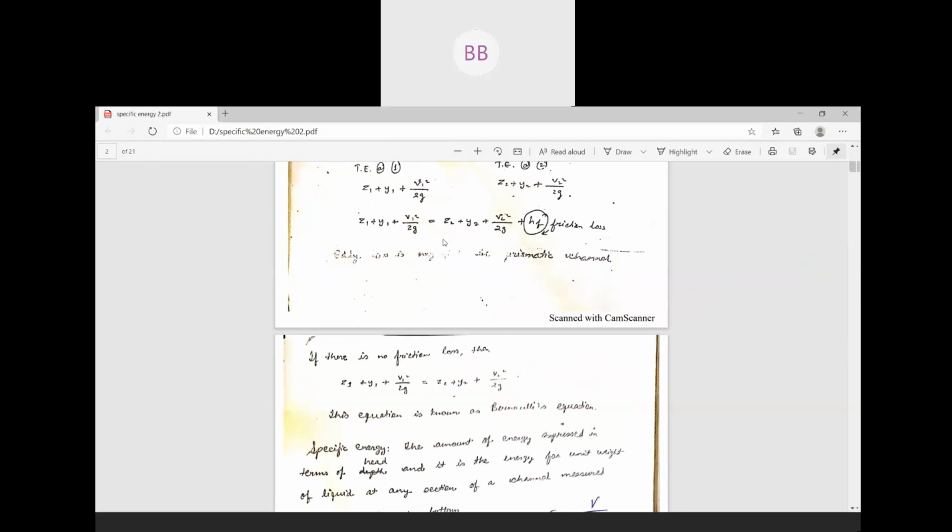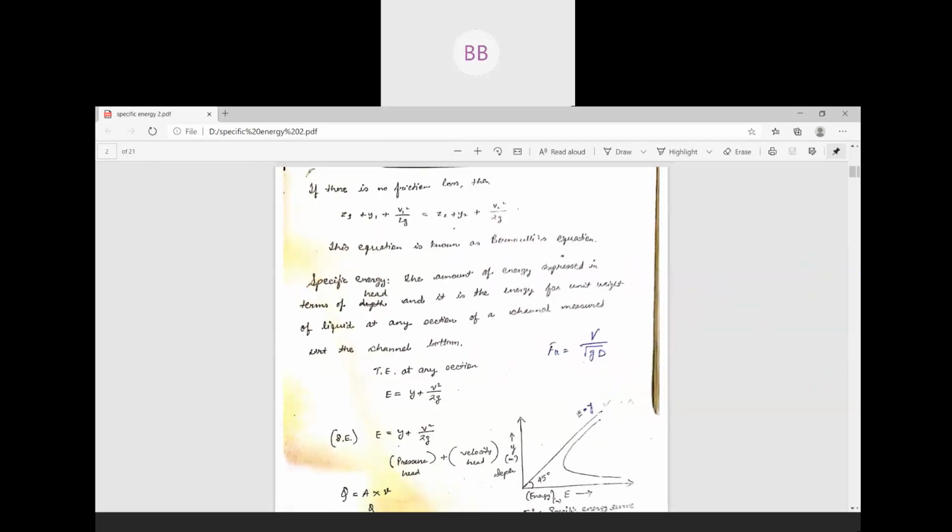I think we have already discussed these things. In Bernoulli's equation we consider there is no friction loss, and that is why we equate the total energy for both sections.